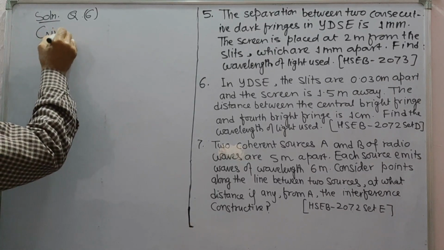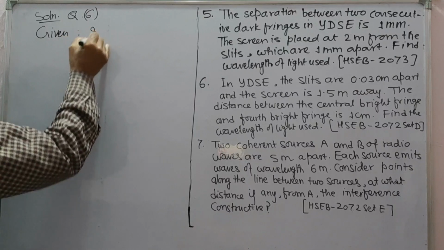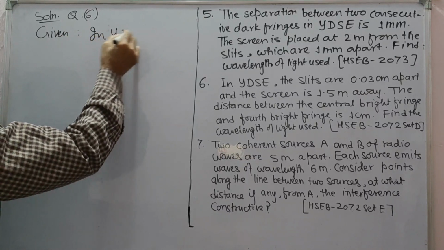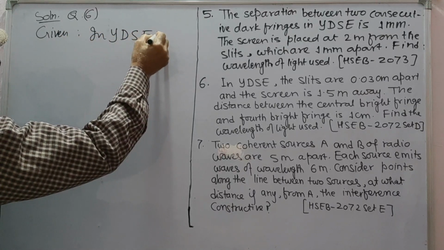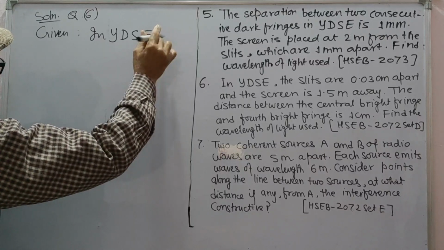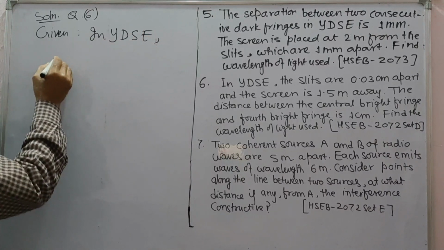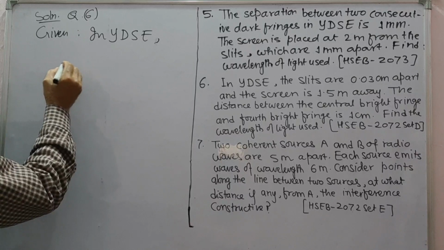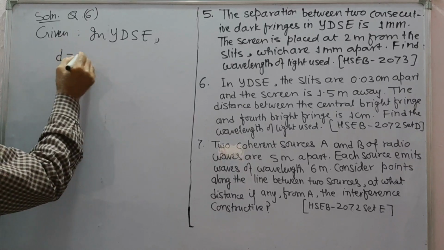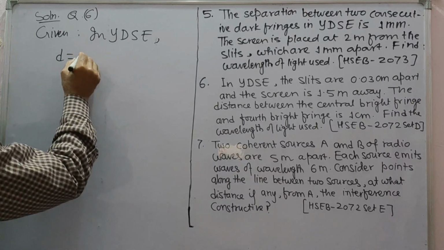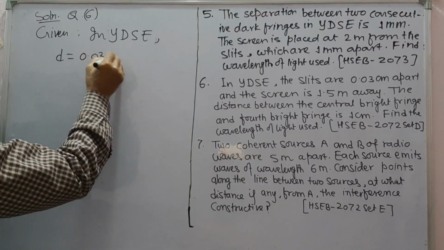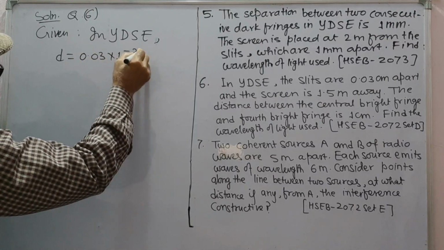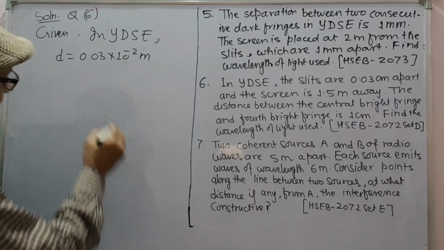Given, in Young's double slit experiment, slits are 0.03 cm apart, means 0.03 into 10 to minus 2 meter slit separation.